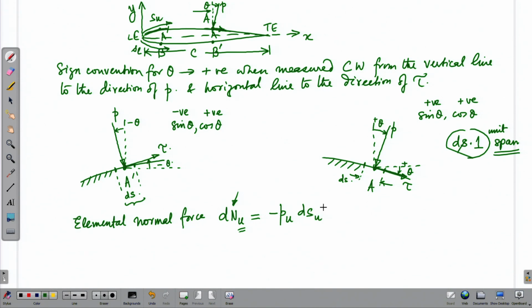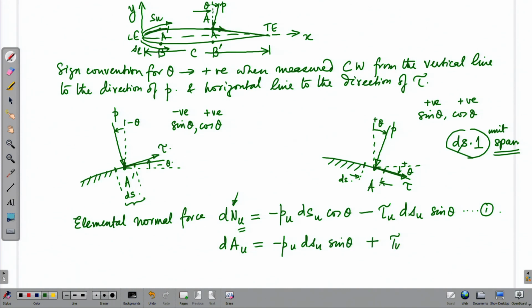Notice that we are writing a subscript u for pressure on the upper surface and also for tau. We will call this equation 1. Similarly, let us write an equation for the axial force which is acting on the elemental area. Let us call this equation number 2.